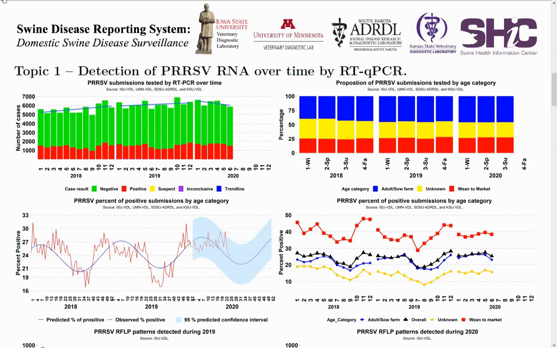Those are tested for PRRS virus RNA by RT-qPCR. And we report this according to the categorical results of this case as positive, negative, suspect, or inconclusive. And to facilitate the visual interpretation in terms of the total number of cases tested by year and month, we added a trend line to inform this variation during the year in the number of the cases tested.